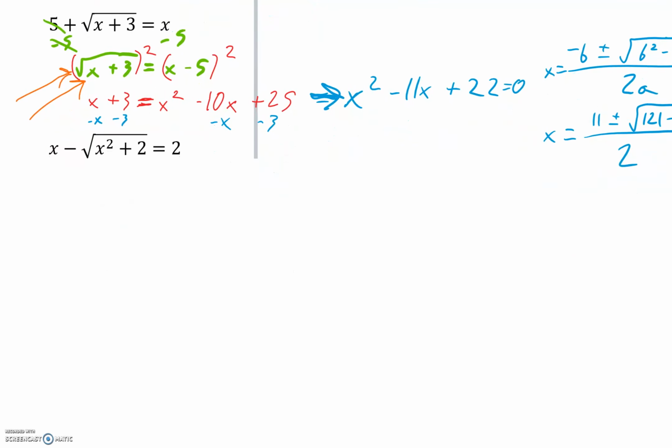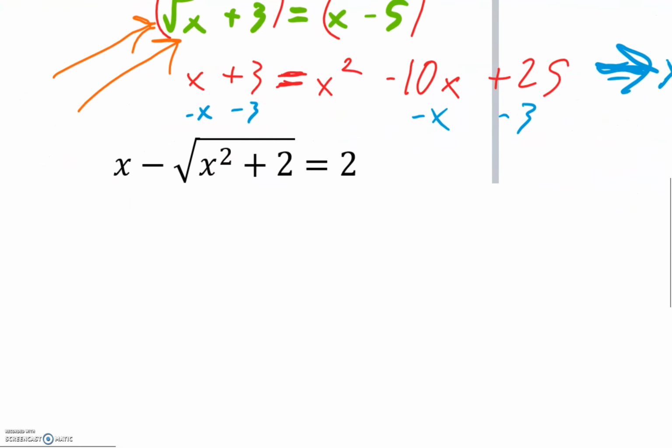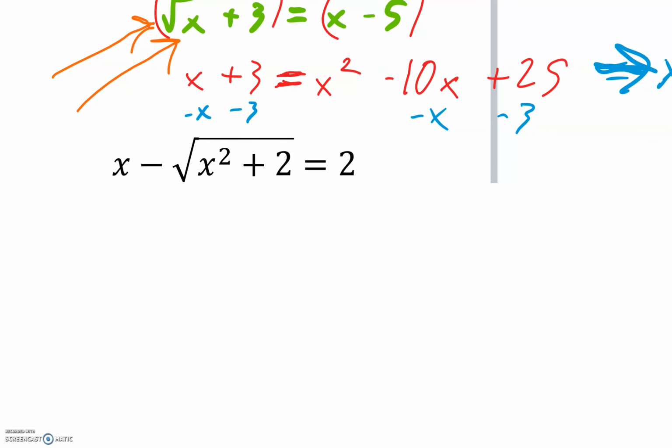Okay, and our last question here is kind of similar again in process. So we're going to move the x over before we can square to get rid of the radical. Actually, we're going to move the radical over because it has a negative here. So let's move the radical over instead, and move the 2 over.